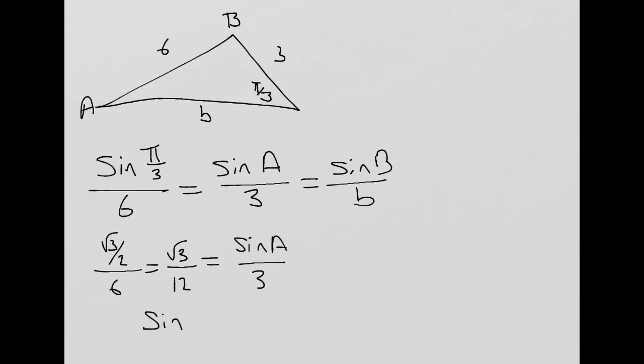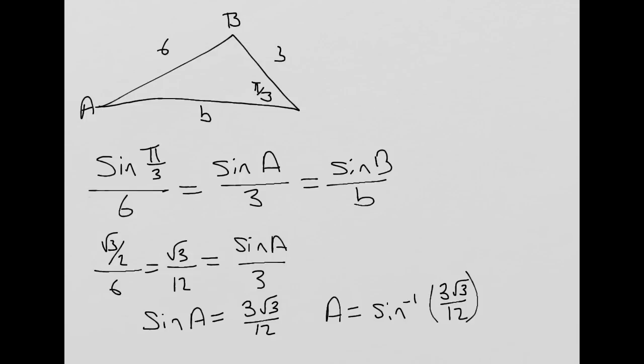So sine of capital A equals 3 square root of 3 over 12. So A is equal to the inverse sine of that, which is about 0.448 radians.